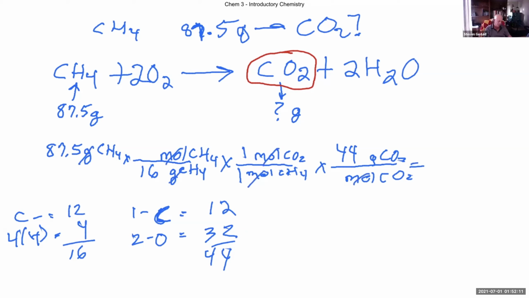So 87.5 divided by 16 times 44 equals 240.6, or 241 grams of CO2. So if you burn 87.5 grams of methane, you're going to produce 241 grams of carbon dioxide.